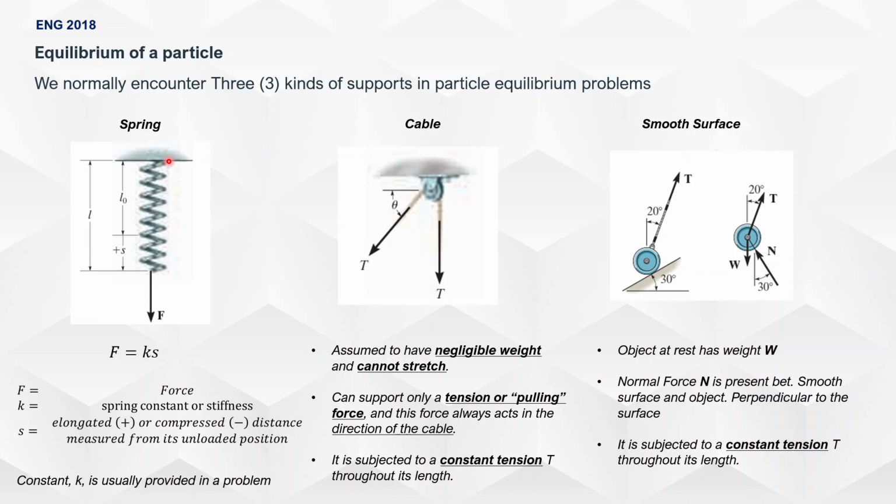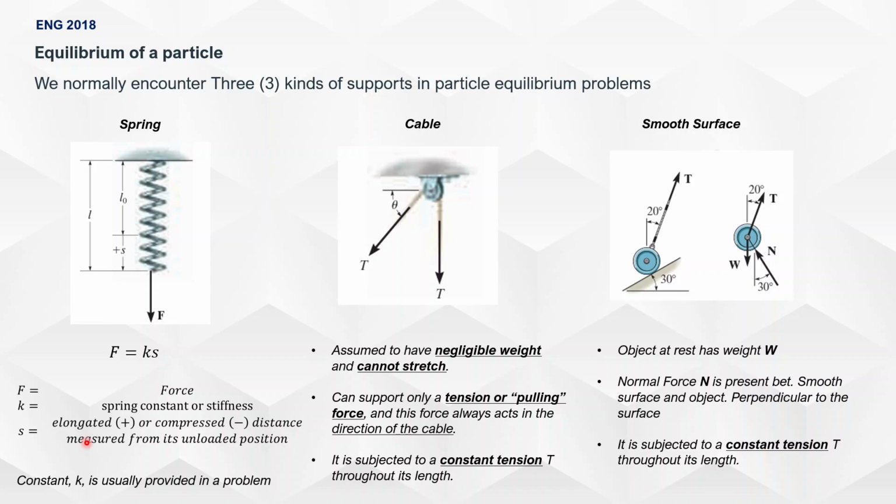So this will be very important. Just remember this formula. For springs, they have a displacement, or sometimes they're elongated or compressed, and then S is basically the distance measured from its unloaded position. Or if you're familiar with this, it's much more commonly known as the displacement of the spring.